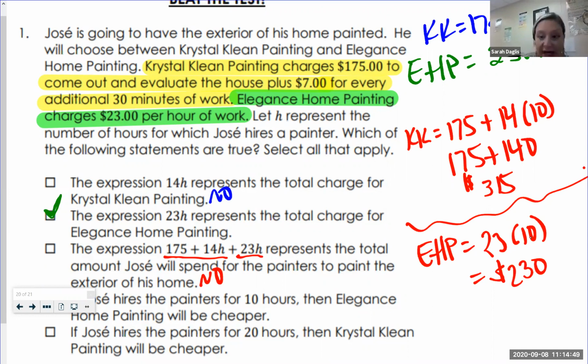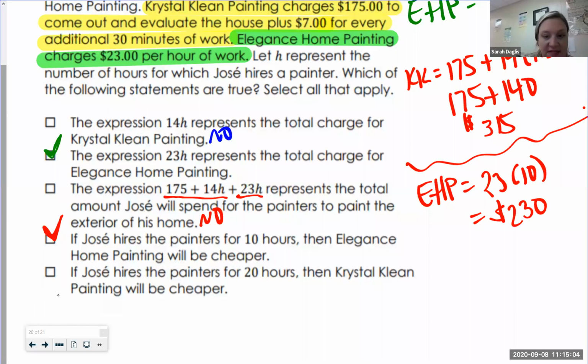So clearly Elegance is cheaper. So if we hire painters for 10 hours, then Elegance is going to be our cheaper choice, right? If Jose hires the painters for 20 hours, now they're saying that Crystal Clean is going to be cheaper.